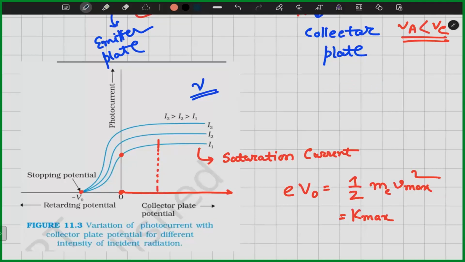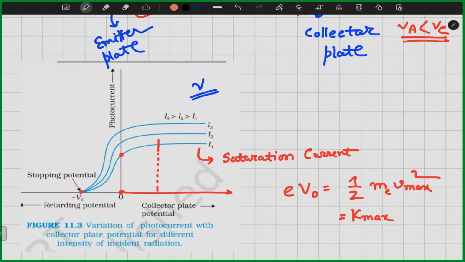When VA is greater than VC, if we increase the potential difference, it will attract the electrons more, and as a consequence the photoelectric current will increase. But we observe that after a certain value of the potential difference, it reaches a maximum limit. That is called our saturation current.